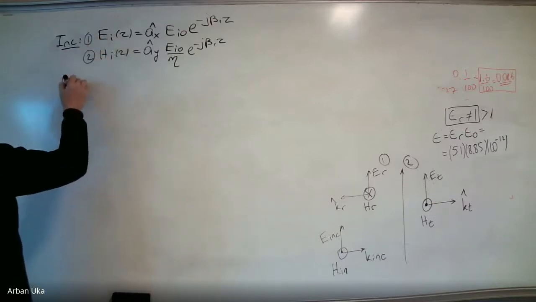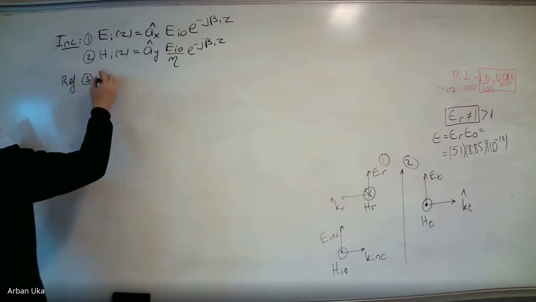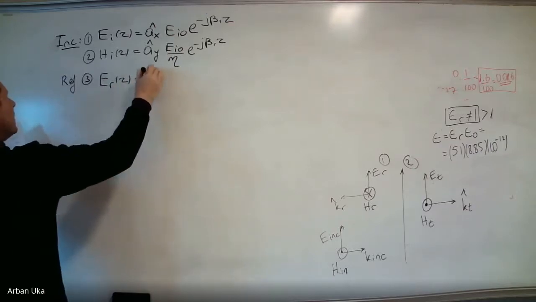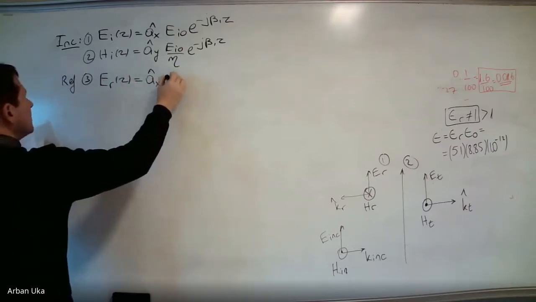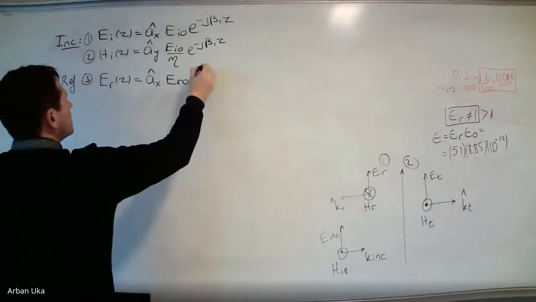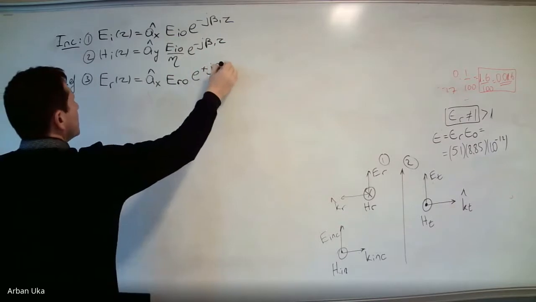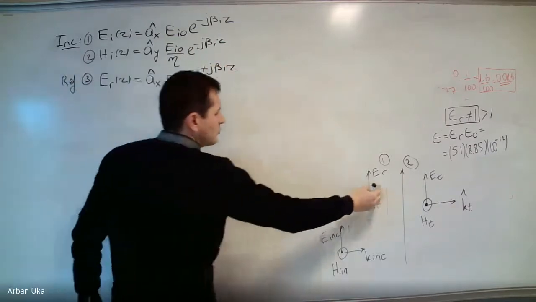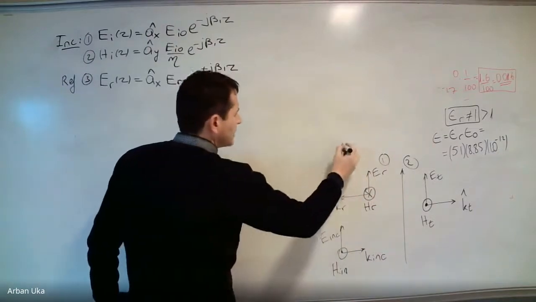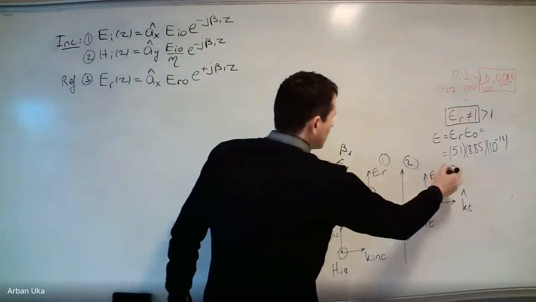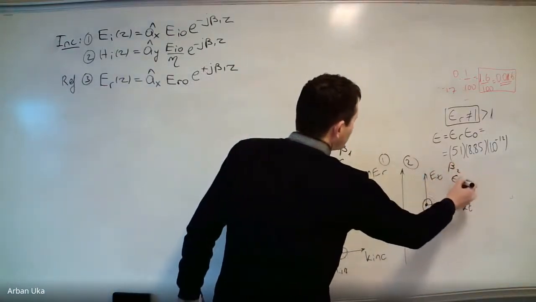Then the reflected wave, which is the third equation. We can write this one as E_r as a function of z. This would be equal to a_x times the electric field reflected wave amplitude e to the power plus j beta 1 z. We write beta 1 because we are in medium 1, on this side. So we denote here we have beta 1, we have permittivity 1. On this side we have beta 2 and permittivity 2.